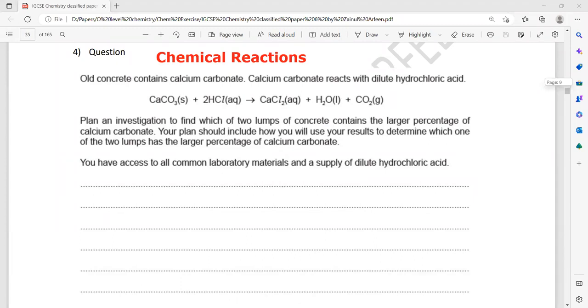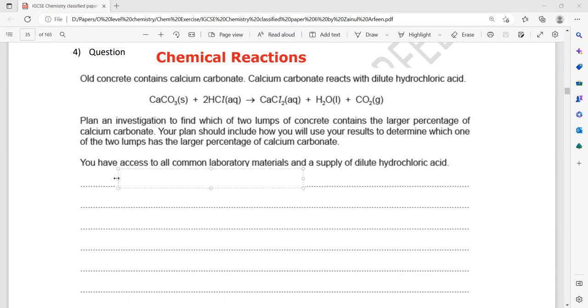So first we carry out a reaction, and then we calculate the percentage using the formula. So first, we plan an investigation to find which of the two lumps contains the larger percentage.